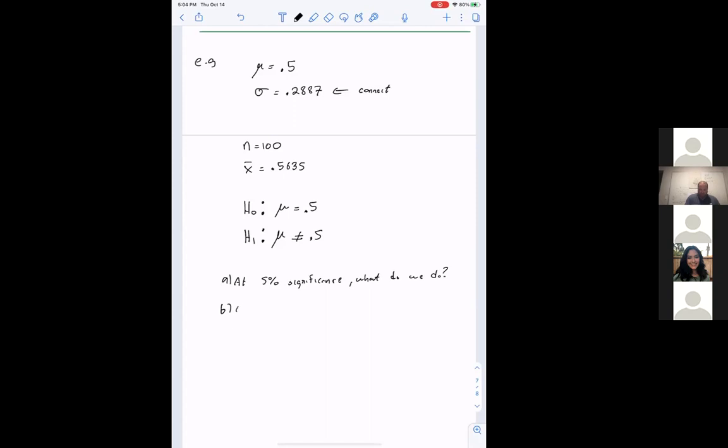And B, at 1% significance, what do we do? So the question here, a two-parter: what do we do at a 5% cutoff, and what do we do at a 1% cutoff? So which method should we use to do this? Calculator, crunch it, or by hand?